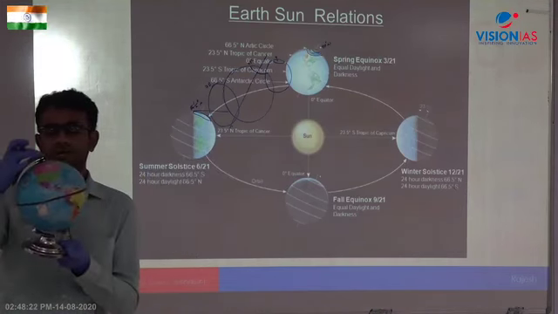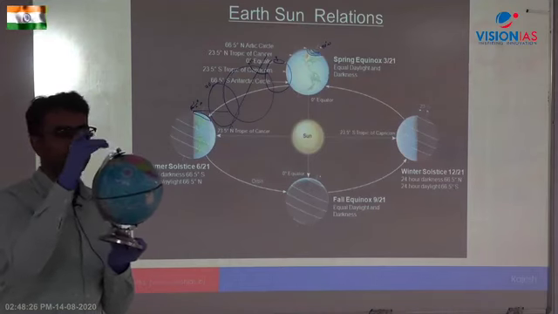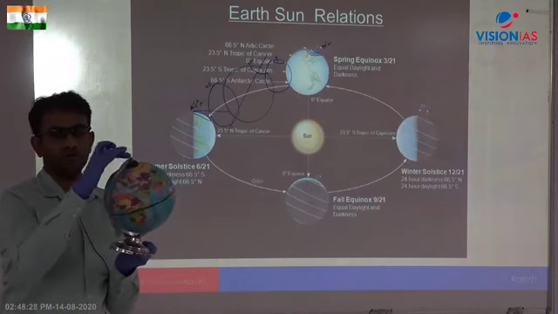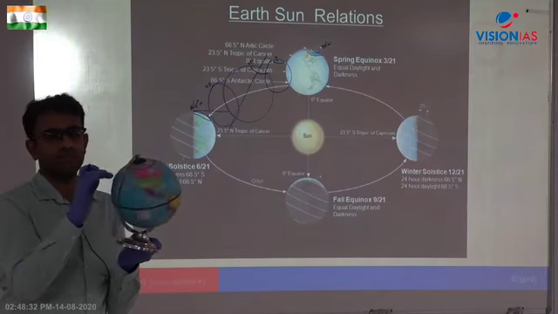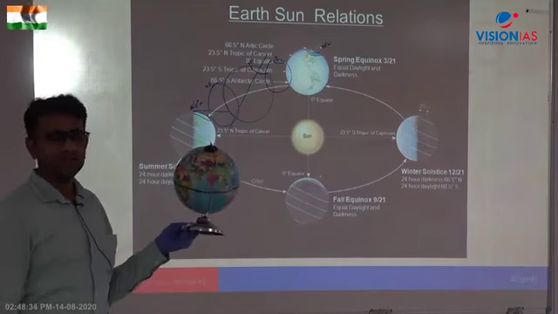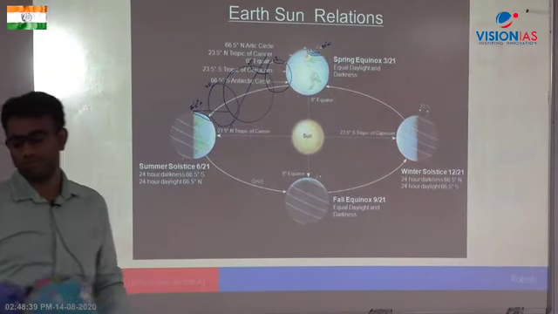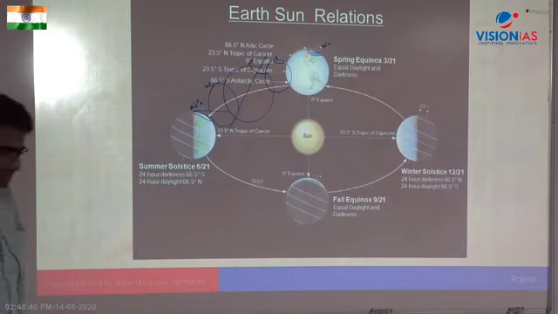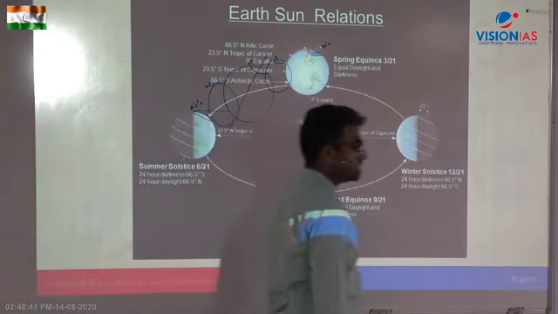Here you can see only the north pole is exposed, but as it is coming like this, more of this northern portion is getting exposed to the sun all the time. At its maximum position, the entire Arctic circle is exposed. So that is why we have kept Arctic circle at 66.5 degree.